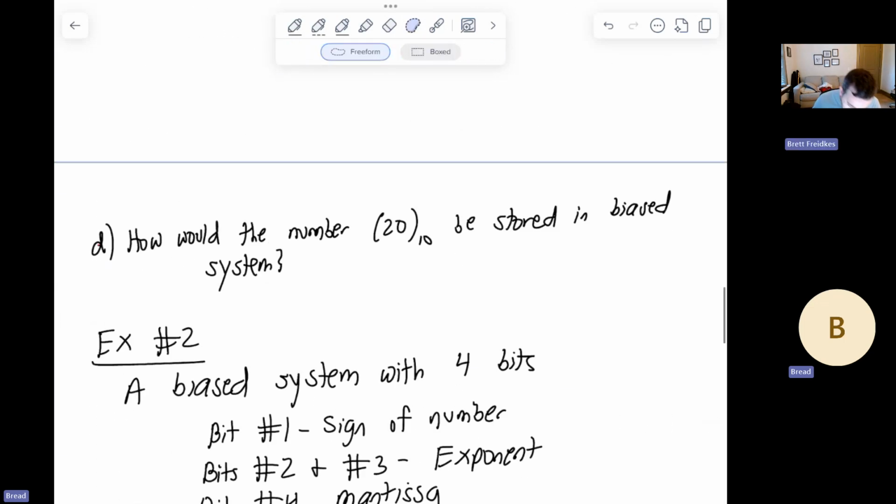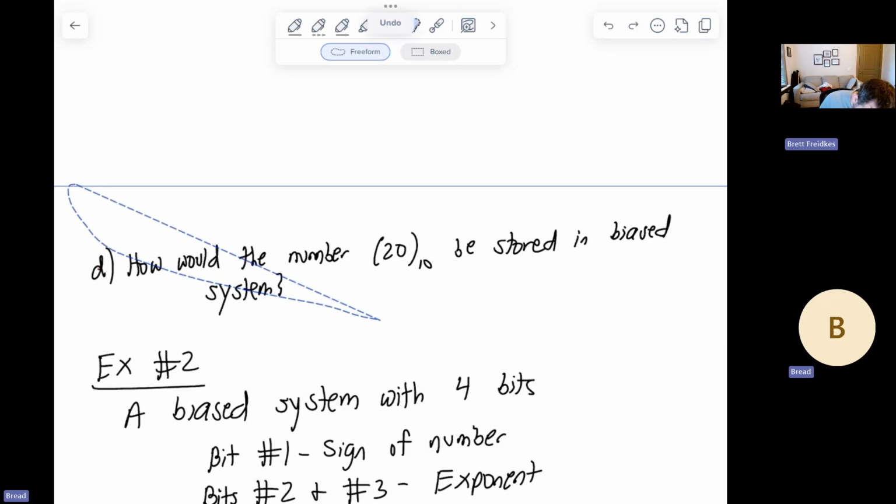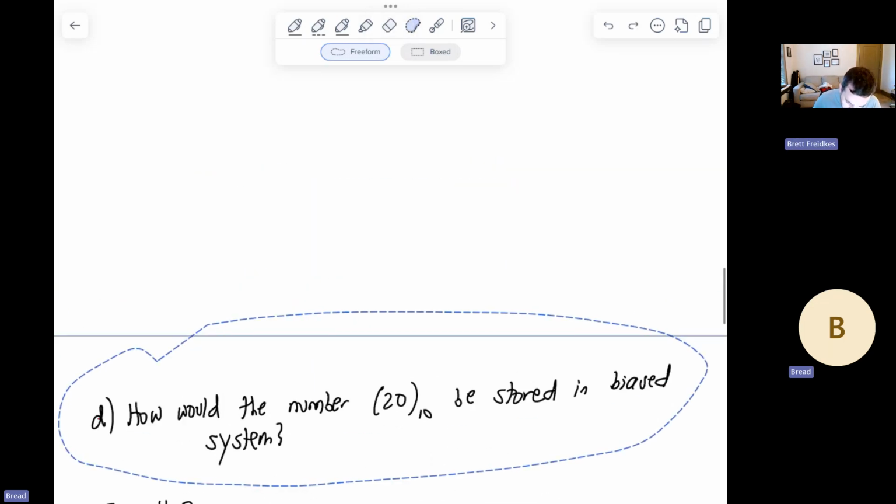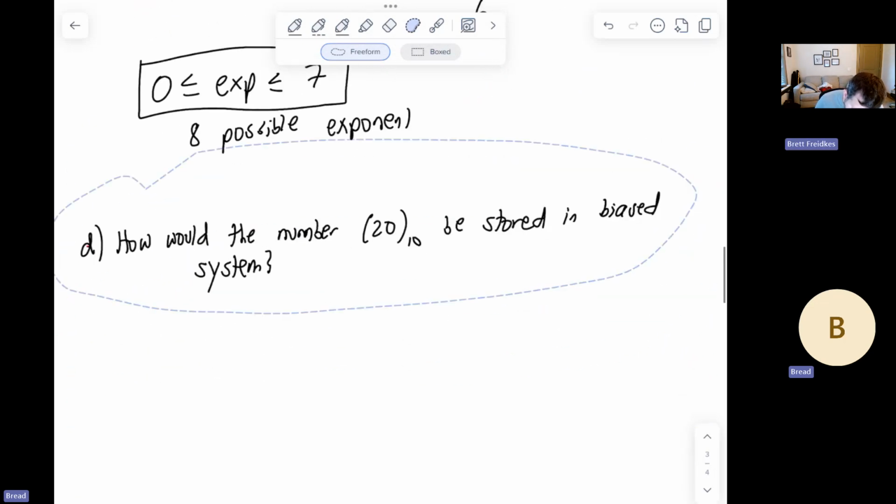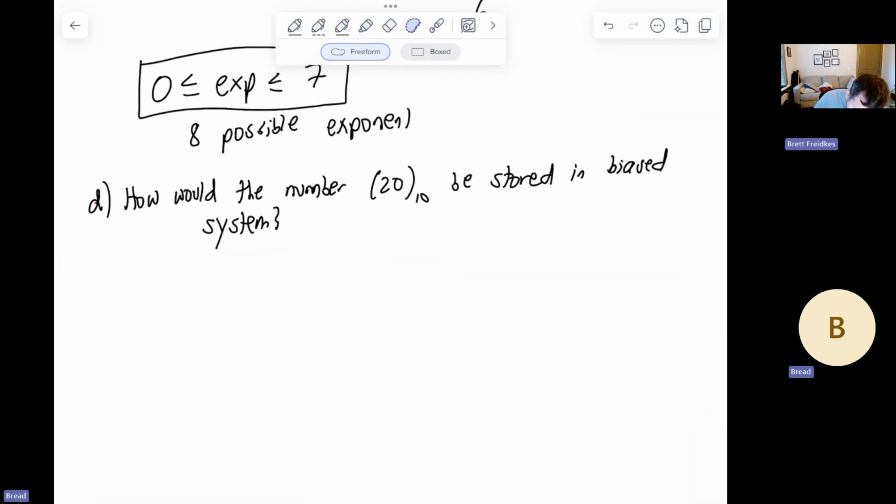Part D, how would the number 20 be stored in this system? So let's go see how that changes things.